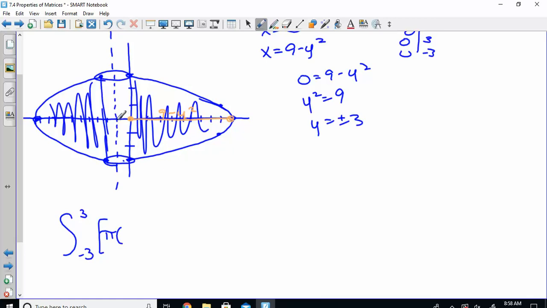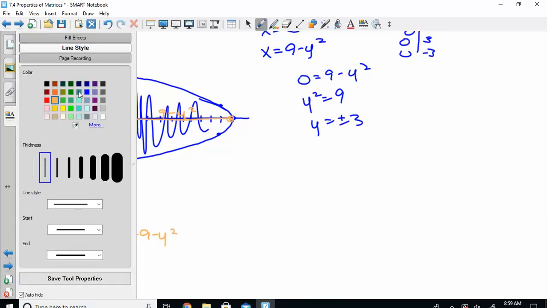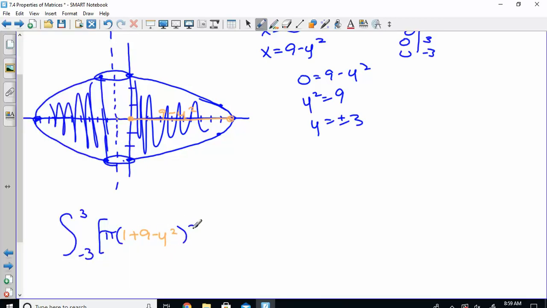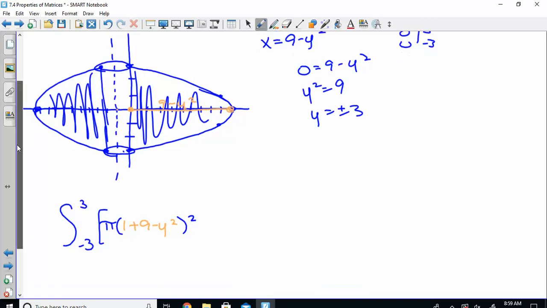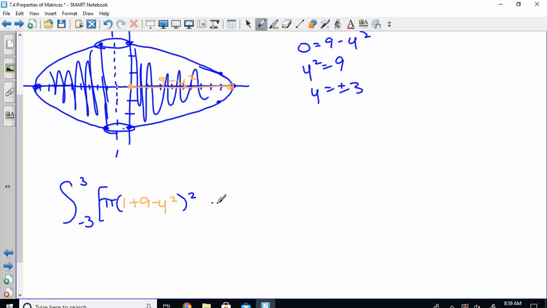But I also need to add in one more. So it's going to be 1 plus the 9 minus y squared. Does everybody understand why it's 1 plus? Minus, for the other one, pi times the radius squared.